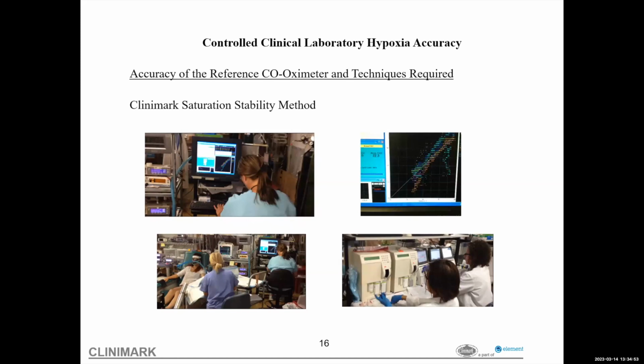These are also old pictures of the Clinimark lab, and here we had some 682 IL instruments, and then we had the OSM 80s all being run at the same time during the study, and all the samples were run in all devices.